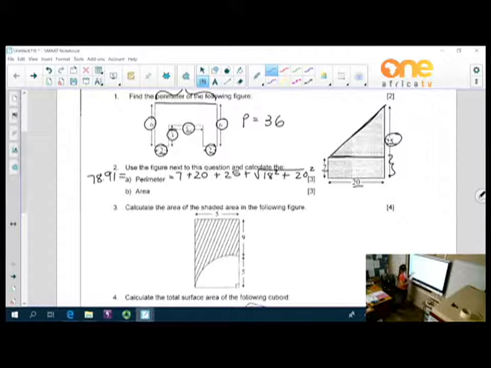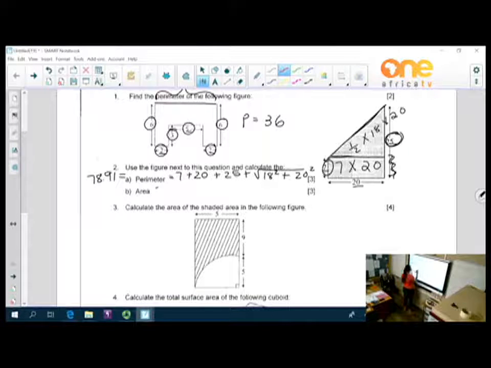Calculating your area, we will take the area of the rectangle, which will be 7 times 20, and the area of our triangle will be a half times 18 times 20. 18 again is 25 minus 7, which is that part.